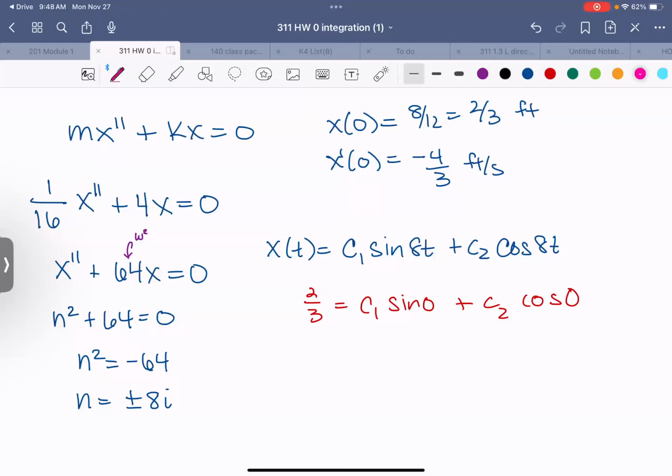But sine of 0 is 0 and cosine of 0 is 1. So this turns out to just be 2/3 equals C2. It's the nice part about using initial conditions when your t is 0.